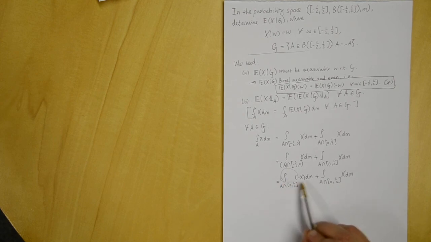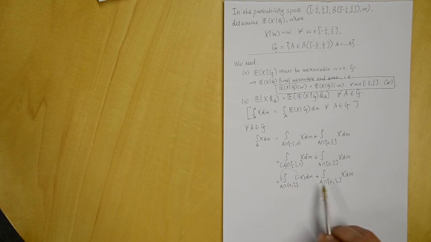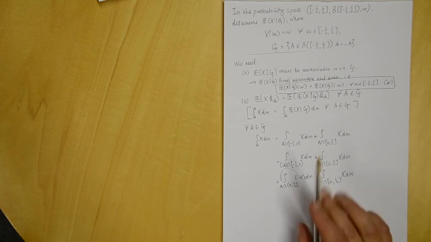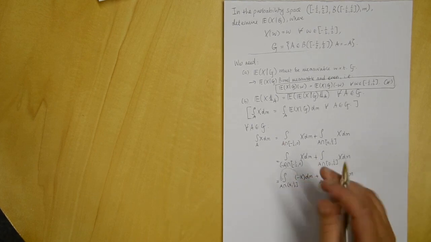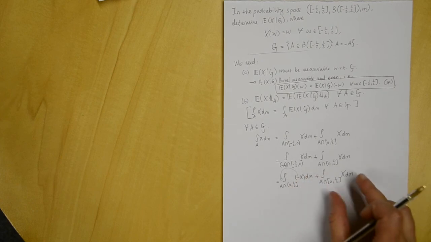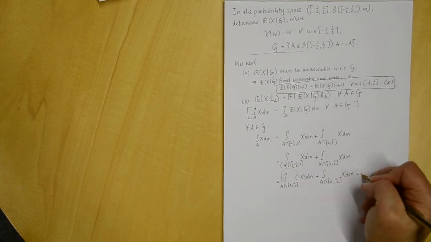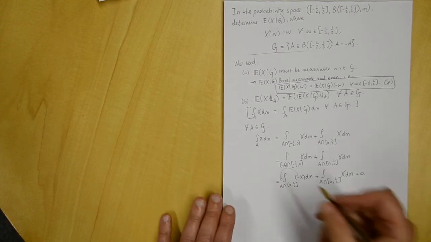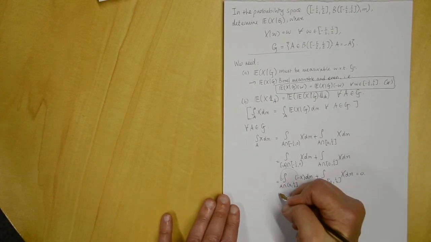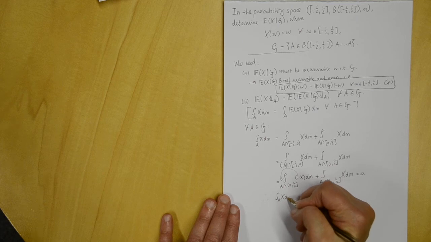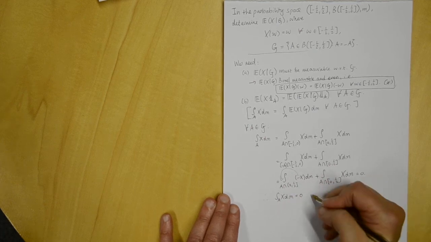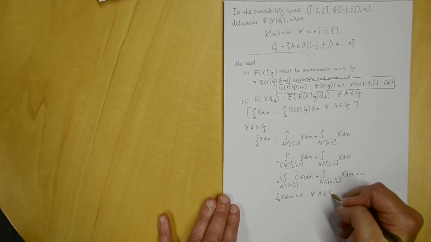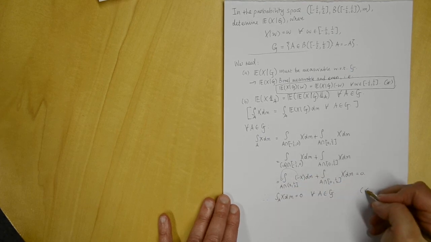We have minus an integral plus an integral. These integrals are exactly the same except they differ in this one point, but it doesn't matter because X is a continuous function, and we get minus this integral plus this integral equal to 0. And this is the second property: the integral over A of X dm is equal to 0 for all A in G. Call this property double star.